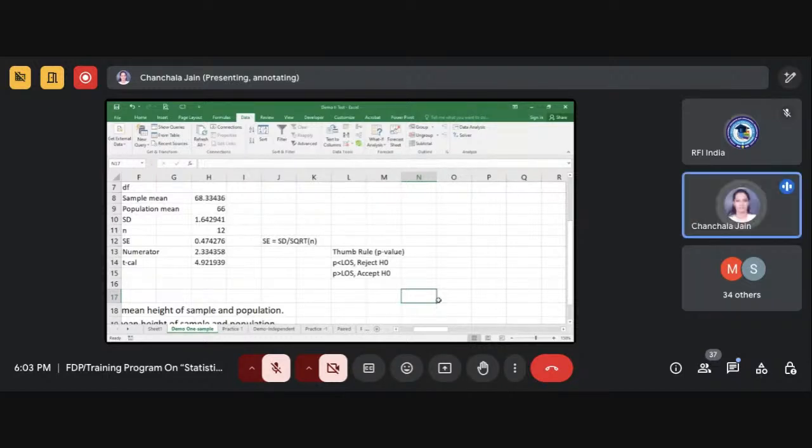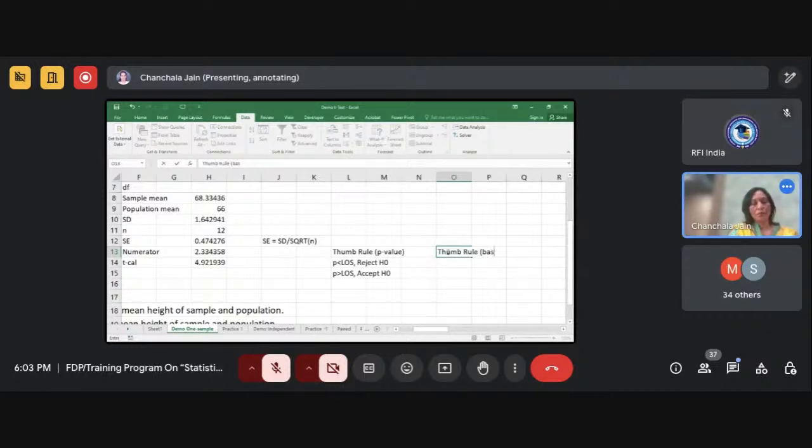The second thumb rule I also told you, based on the calculated and critical value. If the calculated value is less than the critical value, we accept the null hypothesis.